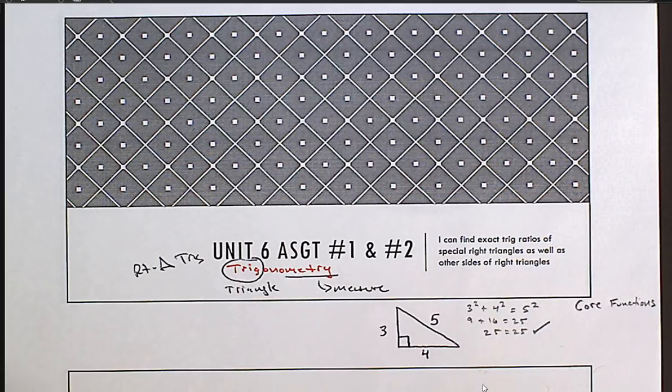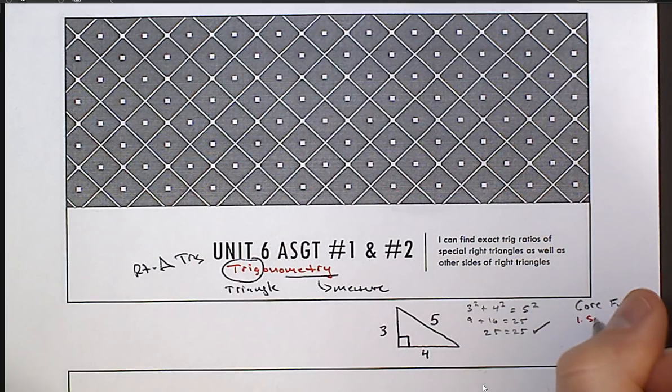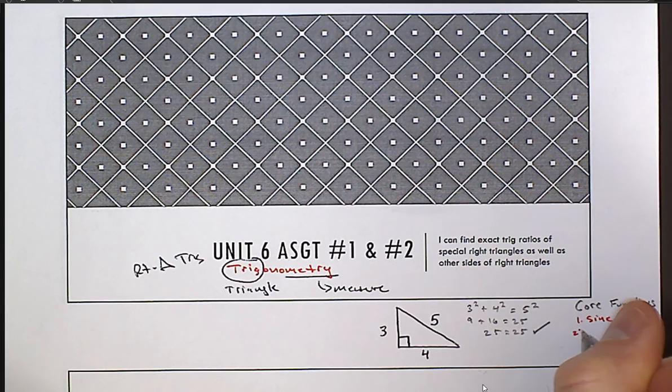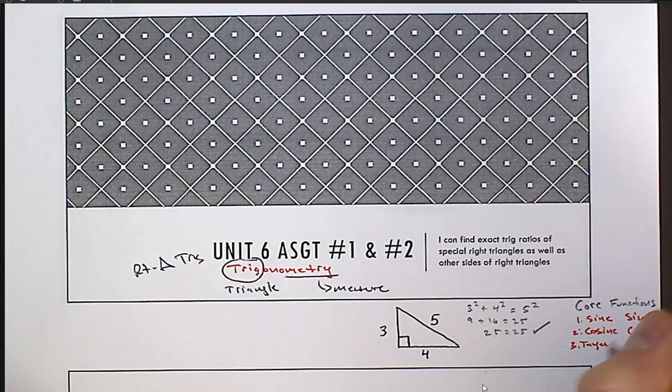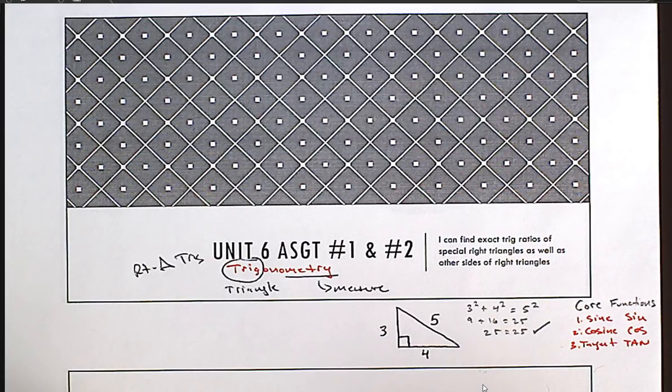Specifically, we're going to talk about sine, which we write as sin, cosine, which we write as cos, and tangent, which we write as tan. Those are the abbreviations there on the right. So sin, cos, and tan, and we're going to talk about those in a second.